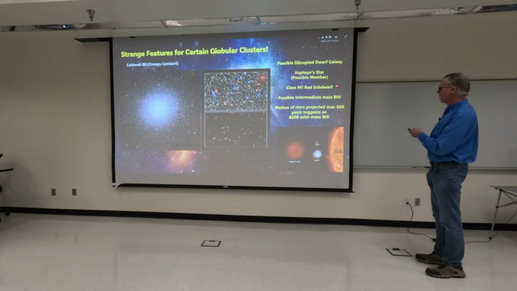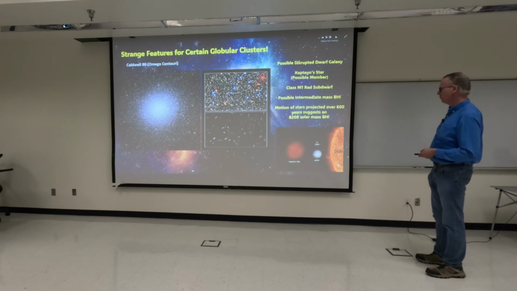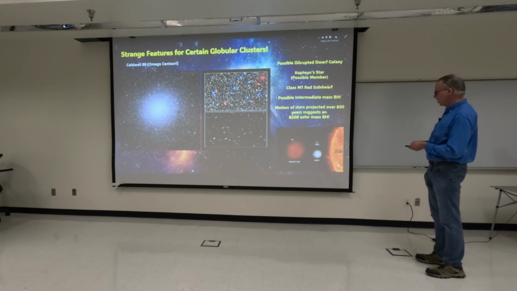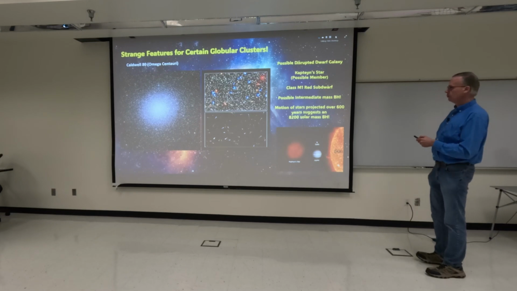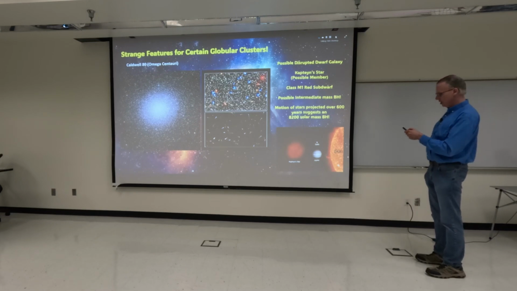It's a class M1 red subdwarf star, because its calcium concentration matches that of many of the earlier generations of stars, the 1G generation of stars within the globular cluster Omega Centauri. So if you ever look at Kapteyn's Star, you realize you're looking at a possible member of Caldwell 80, of Omega Centauri.